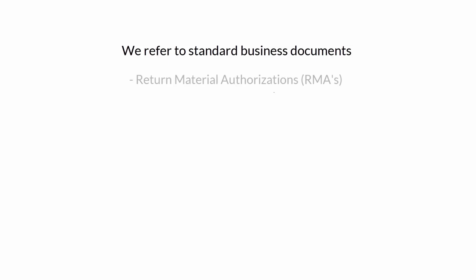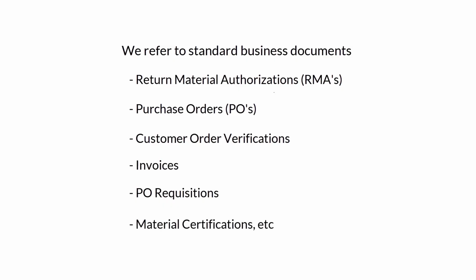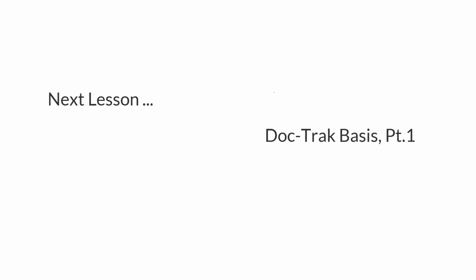These include documents such as return material authorizations, purchase orders, customer order verifications, and so on. We assume that you have a basic knowledge of these documents and what they're for, whether or not they're part of your daily Sightline experience. That's all for now.